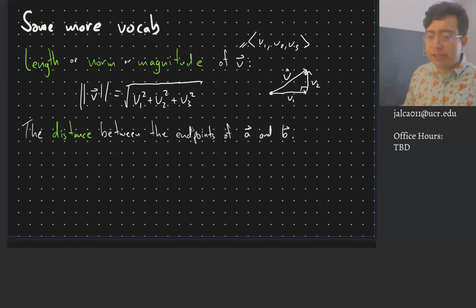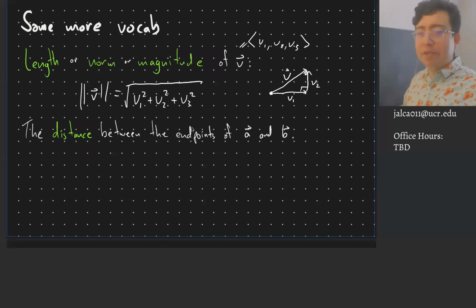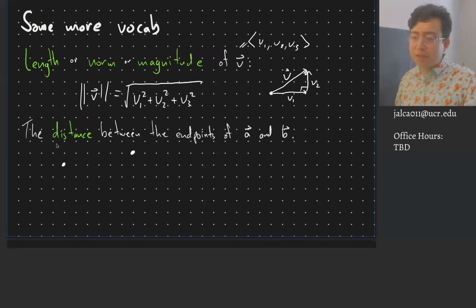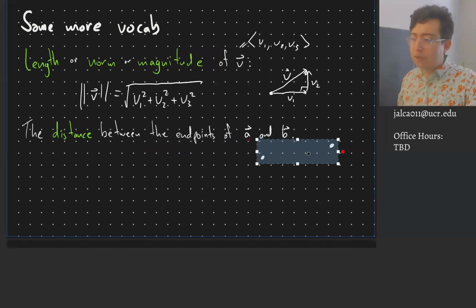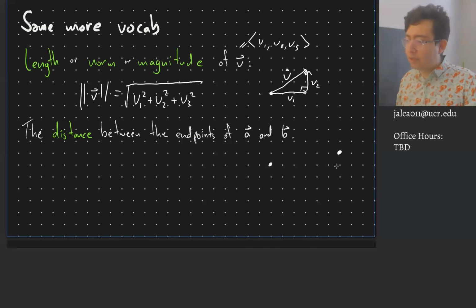So now the distance we're going to talk about is between points, but we're going to think of those points as being endpoints of certain vectors. So for example, if I want to compute the distance between these 2 points, actually, let me draw this a little closer.